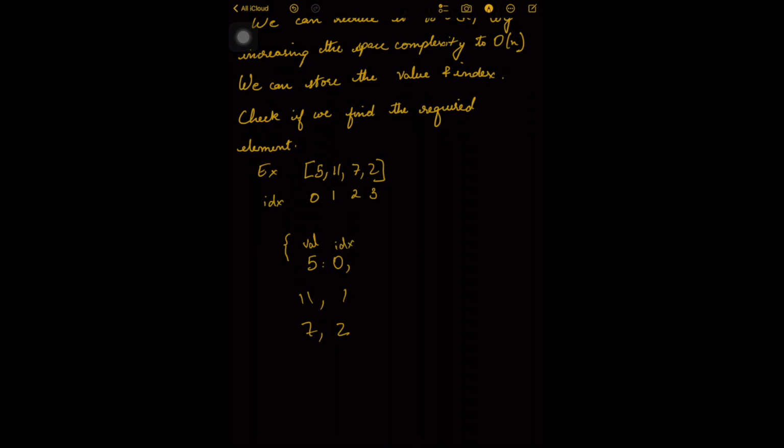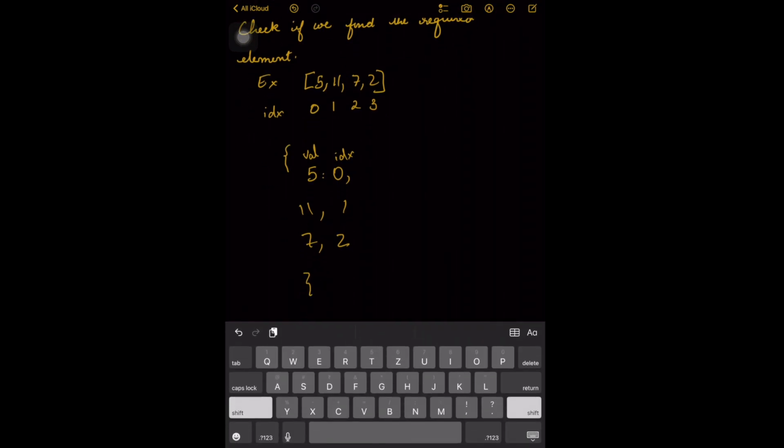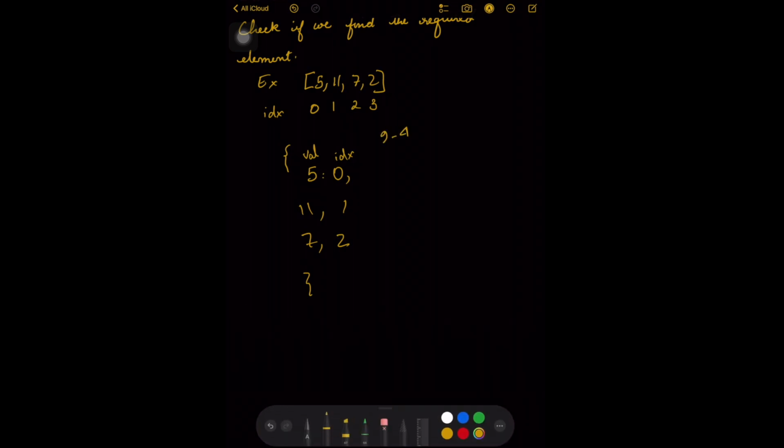Every time we iterate, we check, okay, now what's the target? The target here is 9 minus 5. Is 9 minus 5 in the map when you are at 5? No, you move ahead. Is 9 minus 11 in the map?